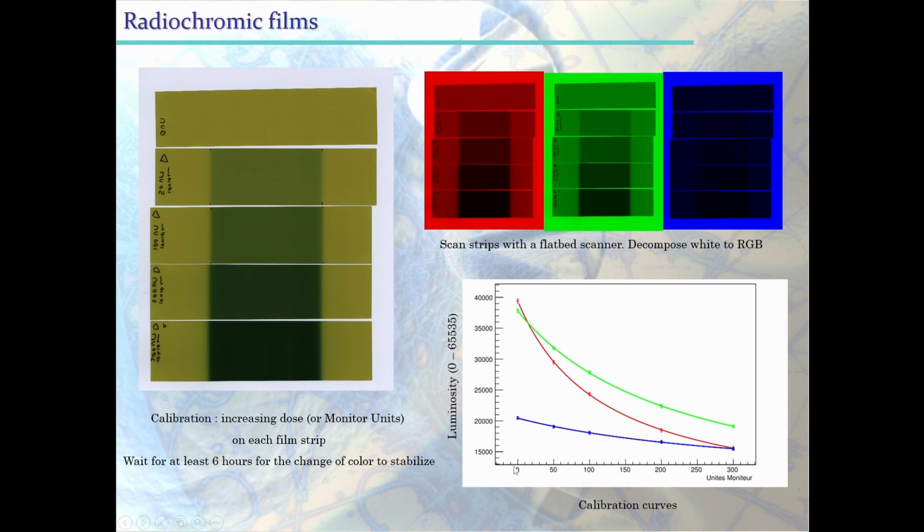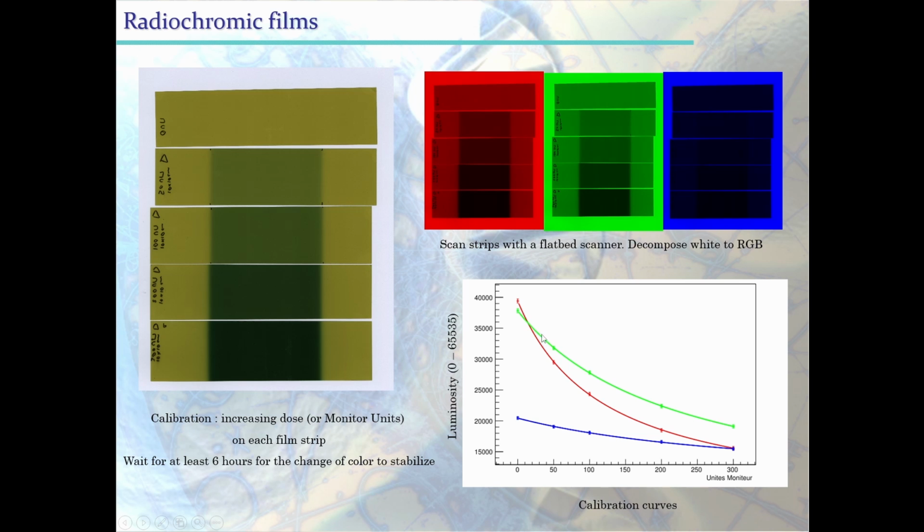And you can draw from that calibration curves depending on the monitor units or the dose you've been irradiating those strips. The optical density will change.